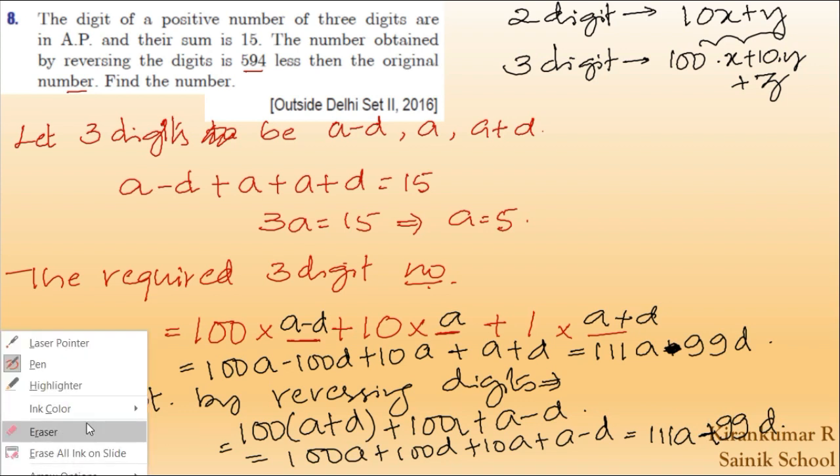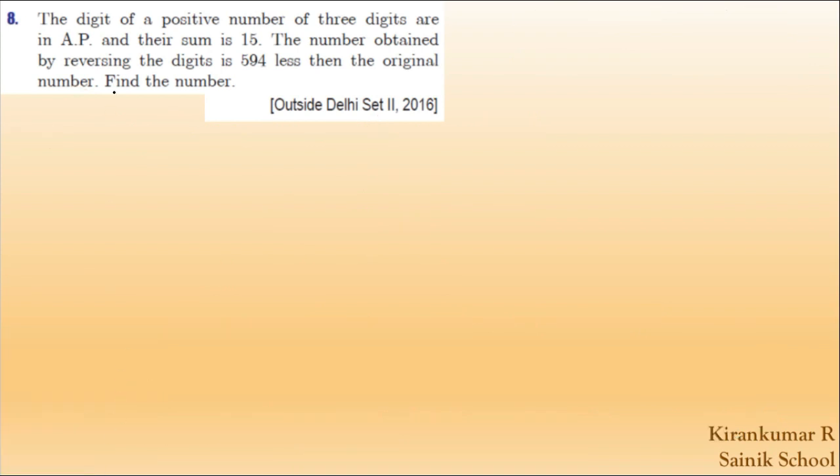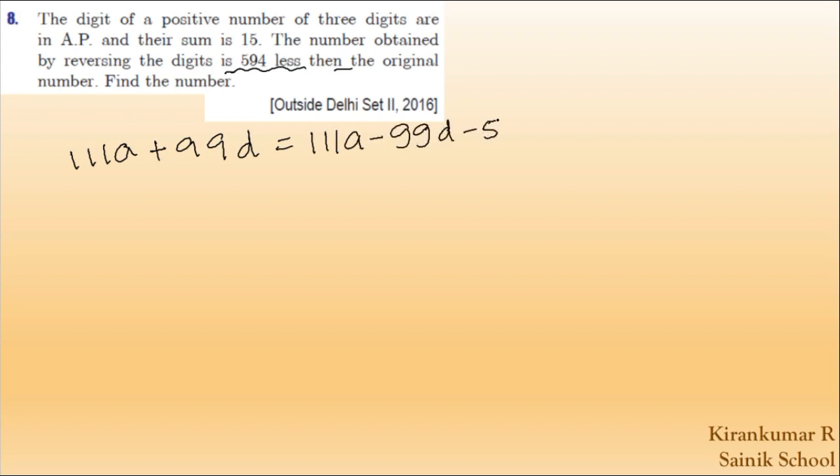Alright, now look at the statement here. On reversing the digits, the number obtained is 594 less than the original number. So on reversing, we got 111a plus 99d. This will be equal to the original number minus 594.